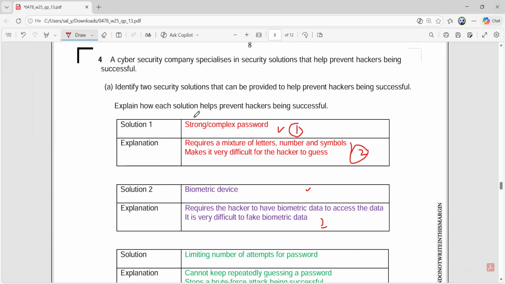Something like this, talking about what a strong password is and how each solution is going to prevent hackers. So if it's a strong password or a complex password, then the hackers will not be able to guess easily, and it will only be possible if it's a mixture of letters, numbers, and special characters. If it's a long one also, exactly.